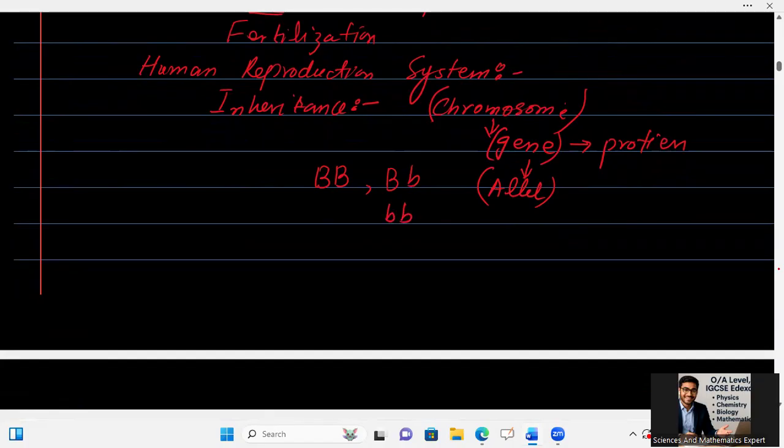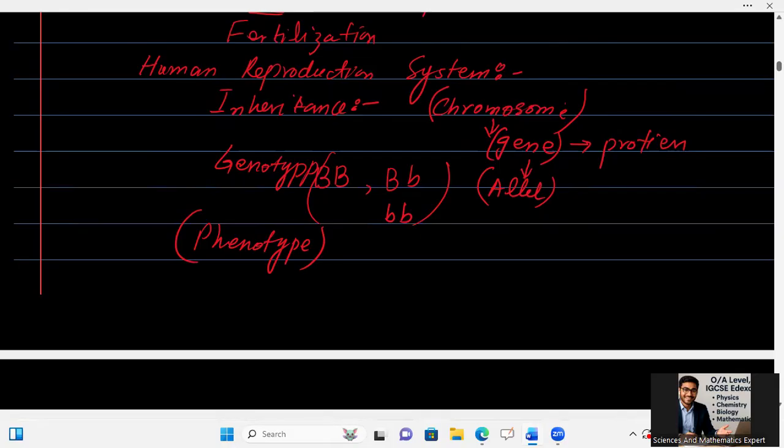These are the genotypes. And phenotype is the physical appearance, like brown eyes, the physical appearance of the alleles.